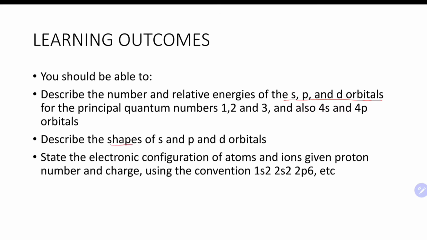Describe the shapes of the s, p, and d orbitals and state the electronic configuration of atoms and ions, given proton number and charge, using the convention 1s2, 2s2, 2p6, etc.